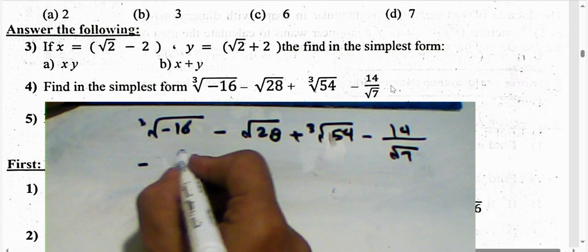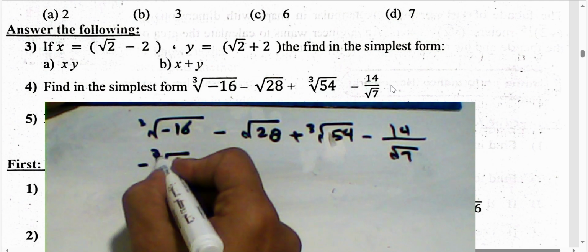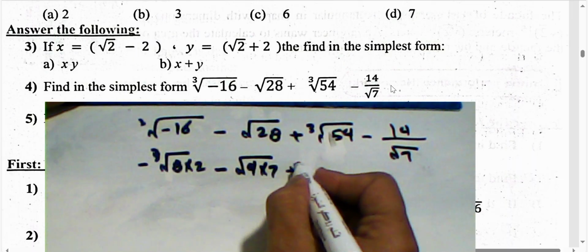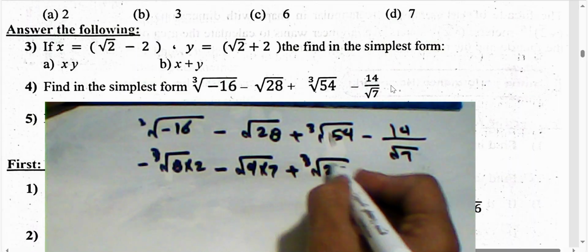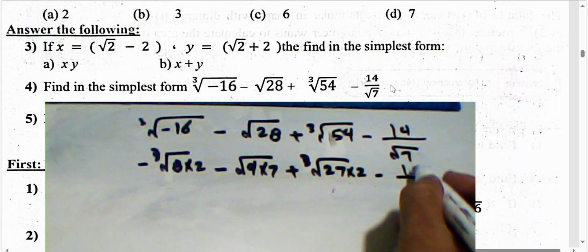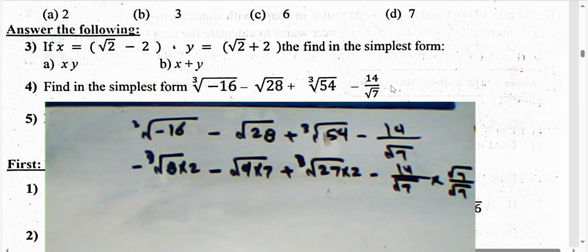The cubic root of negative 16, write the negative outside, and 16 equals 8 times 2. The square root of 28, 28 equals 4 times 7. And the cubic root of 54 equals 27 times 2. And for 14 over the square root of 7, we multiply numerator and denominator by root 7.